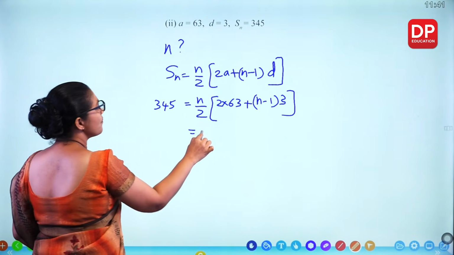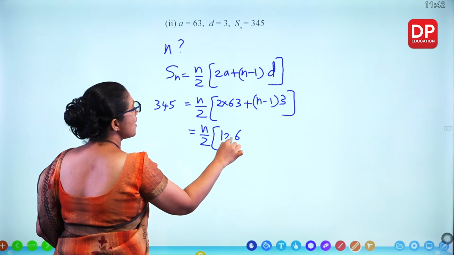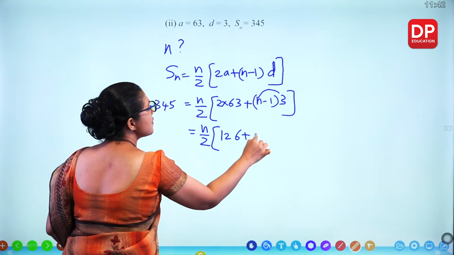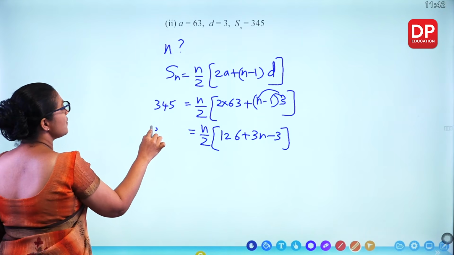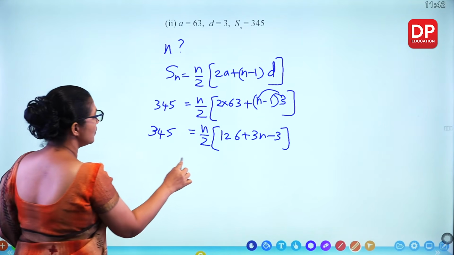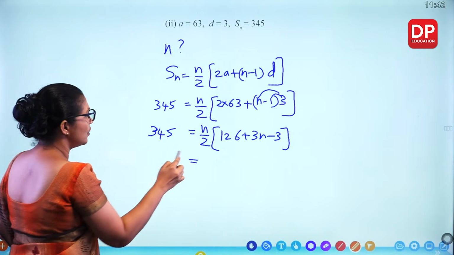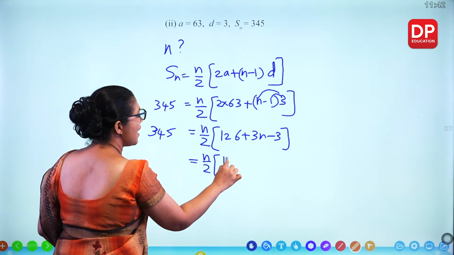Now multiply, 2 times 3 is 6, 2 times 6 is 12, 3 times n is 3n minus 3, equals 345. Now n over 2, 126 minus 3, 123.